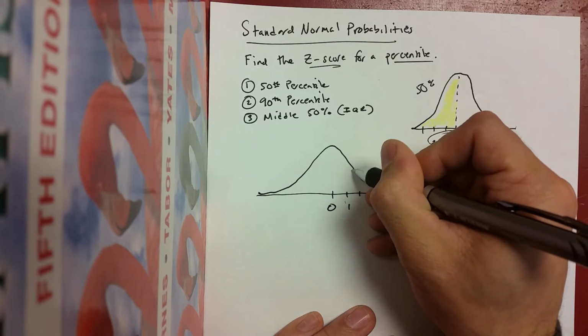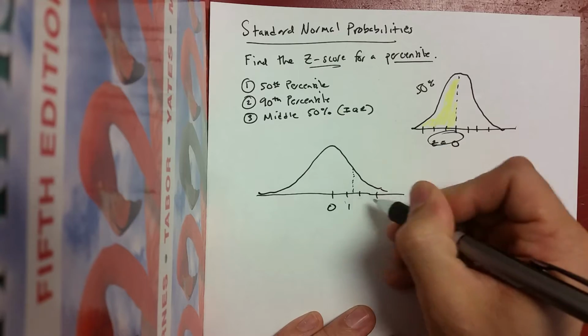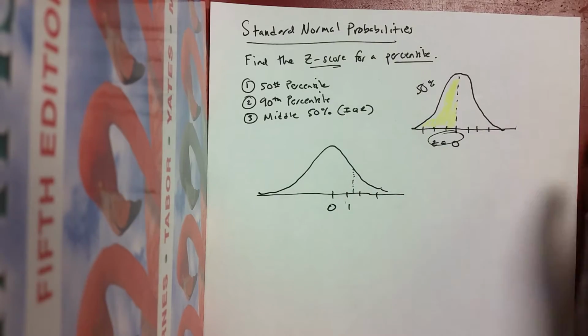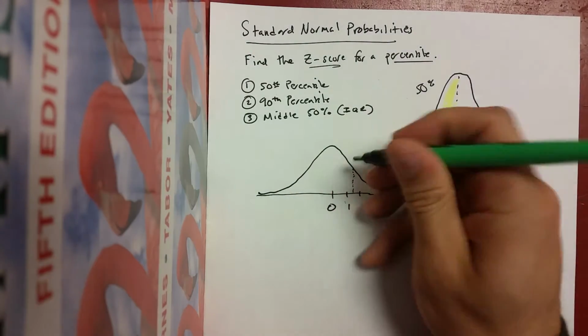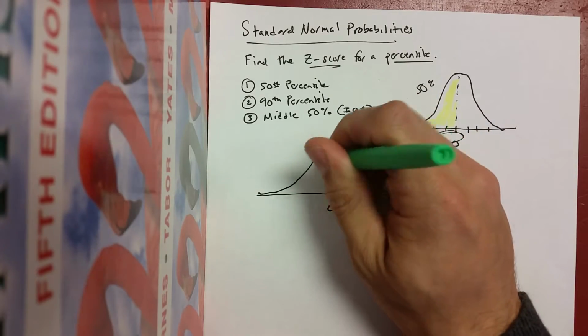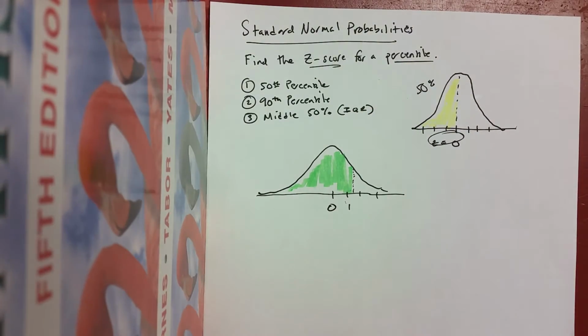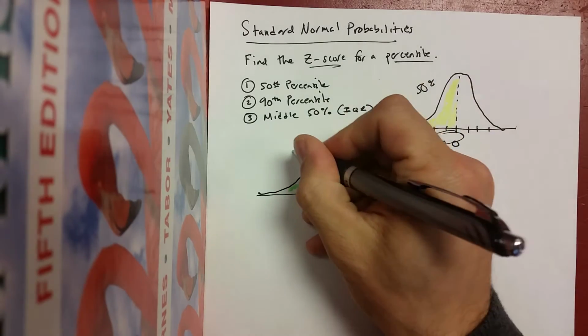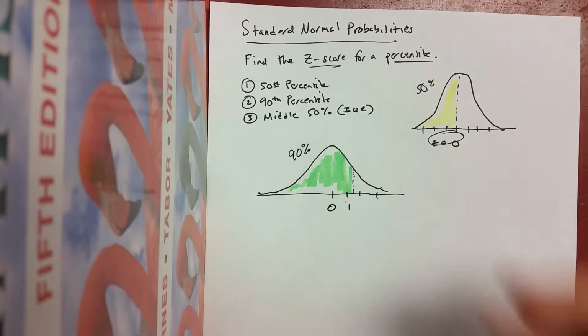So the 90th is going to be somewhere in between. I don't know exactly, but let's just say this shaded area is 0.9 or 90%.